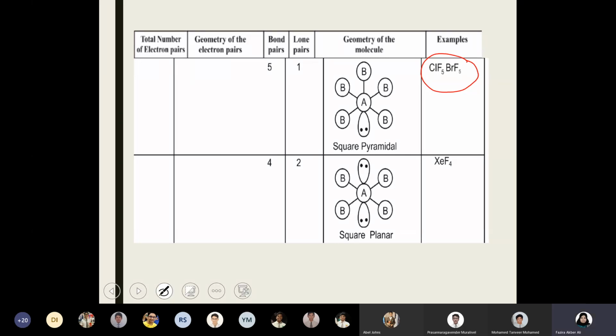Okay, so ClF5, BrF5. Can you people just try how you're getting it?